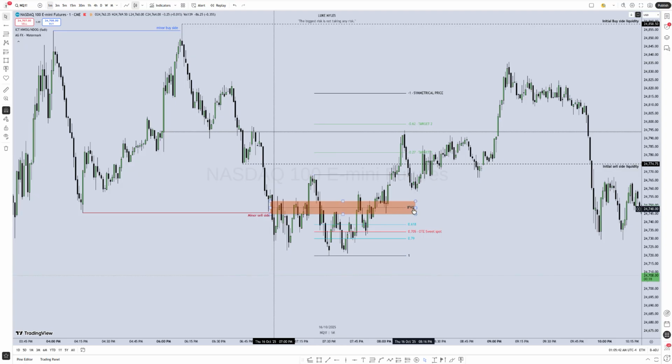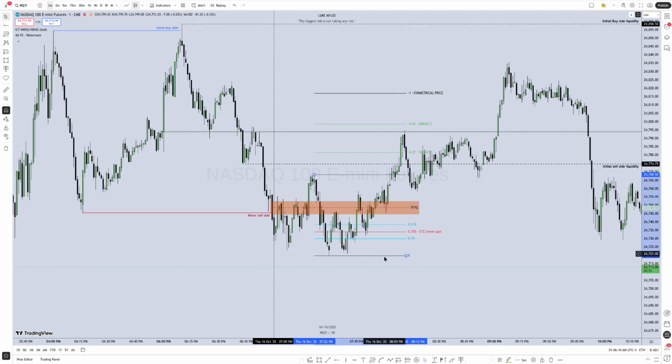After we come back into this inversion fair value gap, I know that my move has started. Even if we manage to drop below that, I would want these levels to be respected to the tick. So I'm having the sweet spot right there. Market rallies back higher into this inversion, we inverse that, we go back above that one more time. Market drops into that low, and then we rally higher.